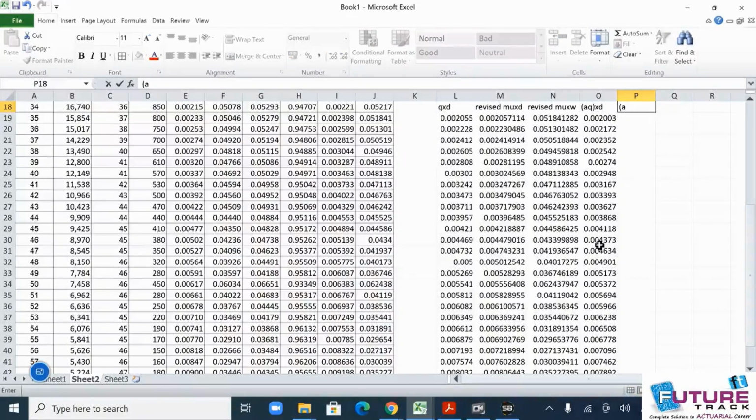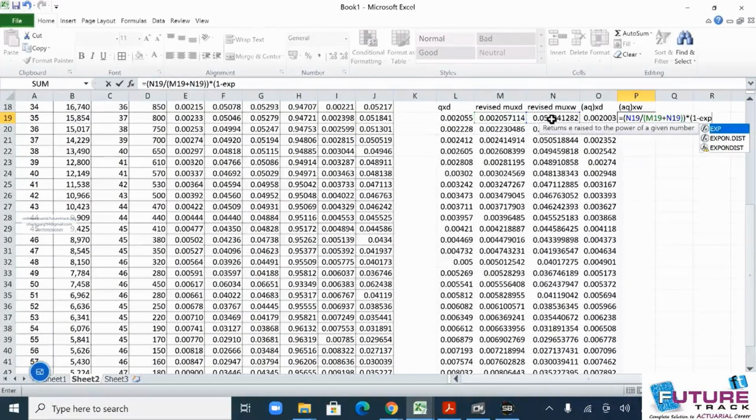Similarly, class, we can find AQxw. Class, formula remains the same. Just difference is here the numerator is mu xw first. Mu xw, bracket, this plus this, into 1 minus exponential of minus of this and this.